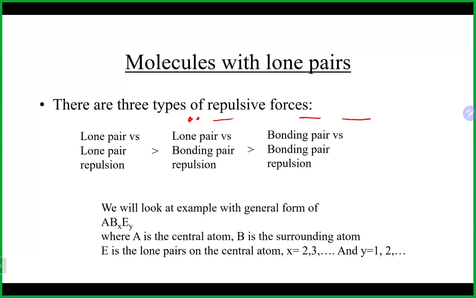The worst situation you could have is non-bonding electrons near non-bonding electrons. They absolutely do not want to be near each other. They're going to go as far in the opposite direction as possible. And remember that as they try to do that and get as far away as possible, we still may have things that have bonds, right?